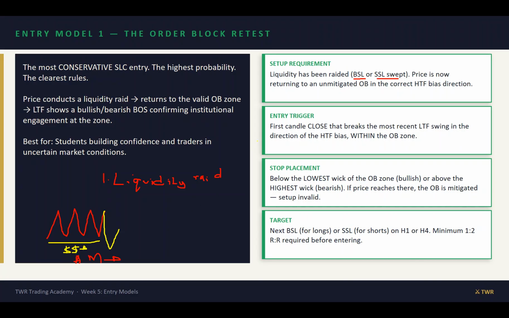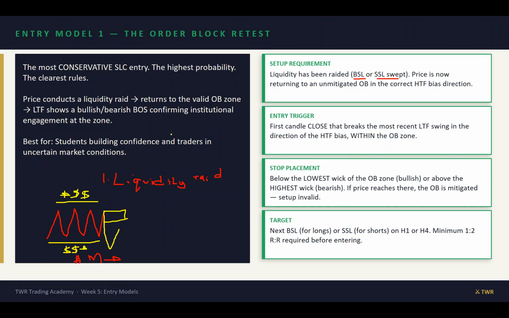Price is now returning to an unmitigated order block. Then it returns back to this order block. But remember, even at this point, there are still some liquidities resting here. Then the first candle close that breaks the most recent lower time frame swing in the direction of the higher time frame bias.